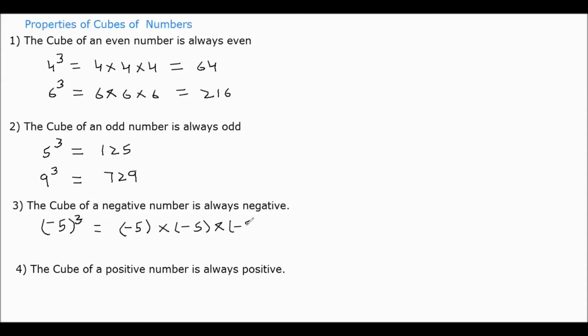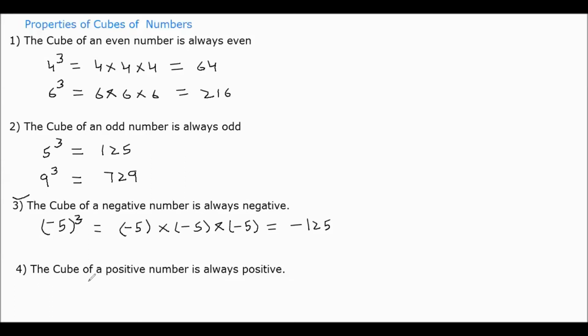Then when I multiply these three numbers, I will get -125, which shows the cube of a negative number is always negative. Why? Because we are multiplying minus 3 times. So minus minus plus, plus minus makes it minus. So this is very important, that the cube of a negative number is always negative.